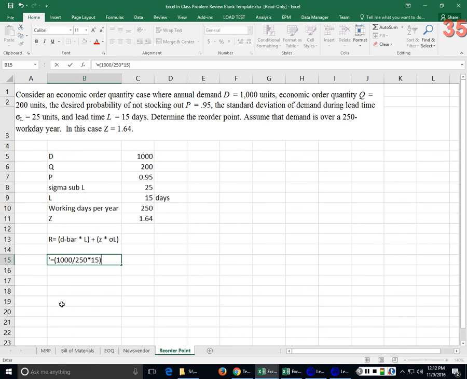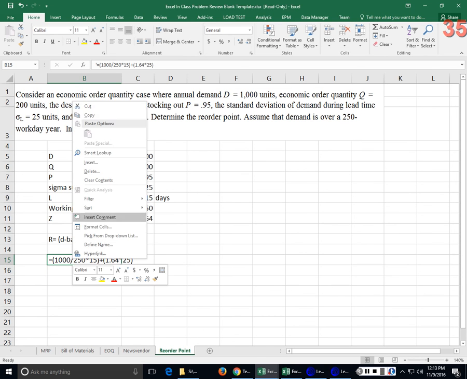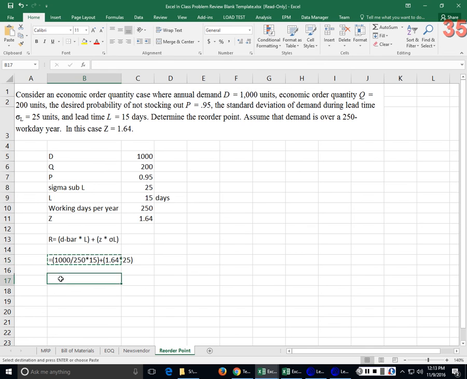And then I add to that my Z-score, 1.64, times my standard deviation of lead time, 25, right? And at the end of the day, that leaves me with 101 as my reorder point.